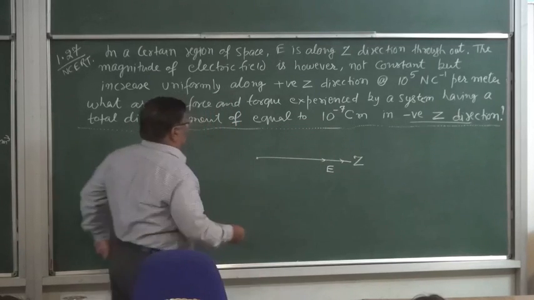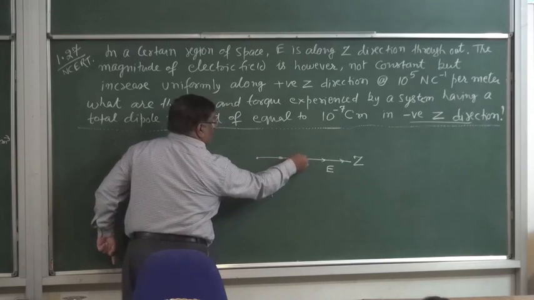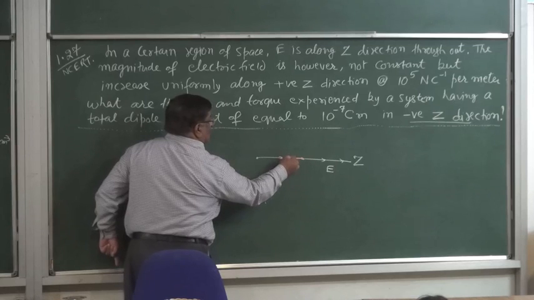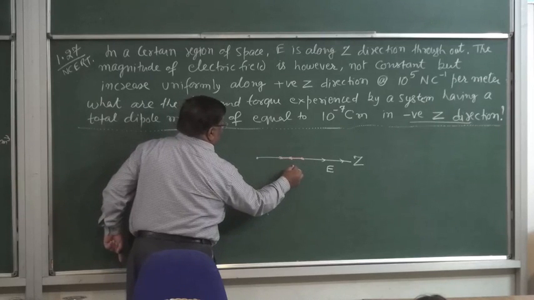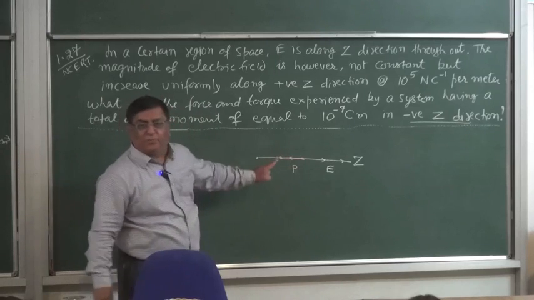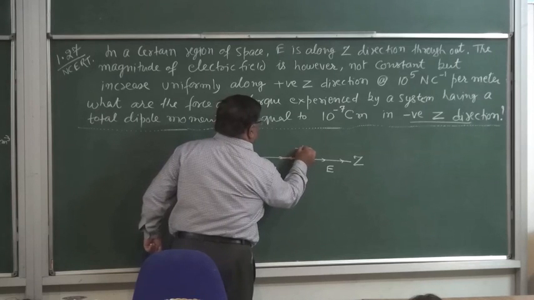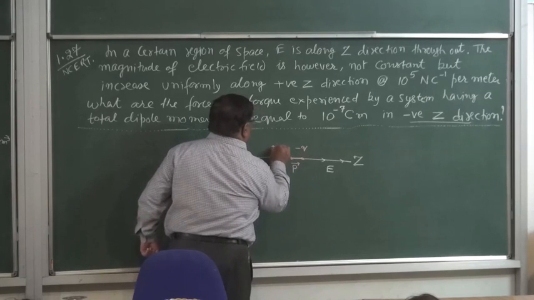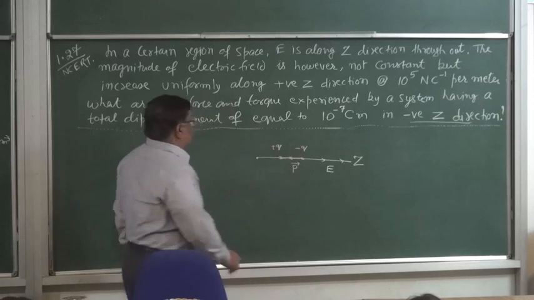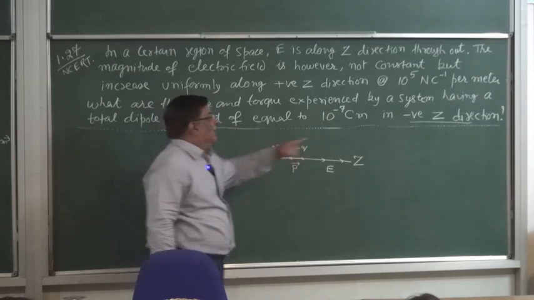Negative Z direction. That means this is the direction of P. What is this P? Dipole moment. This is dipole moment. This is minus Q. This is plus Q. This is placed in which direction?